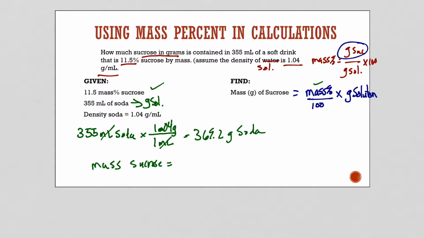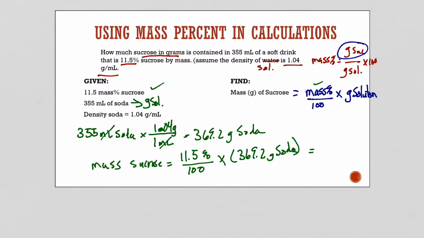equals my mass percent, my 11.5% divided by 100 to put it back into the decimal, times my 369.2 grams of soda.